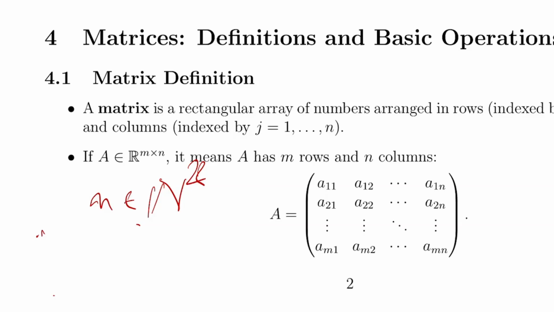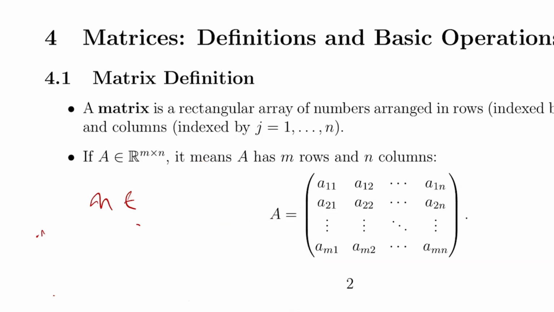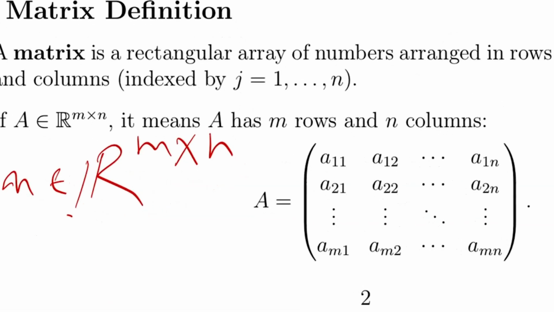That means that x could be natural numbers, a vector like (1, 2) or (4, 5), all the way. And then the matrix is an extension of all these ideas, where you can say x belongs to R^(m×n). So it can be an array of m rows and n columns, where each member of that array is a real number.